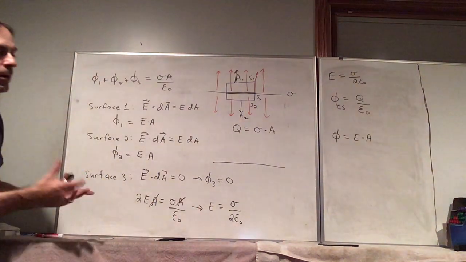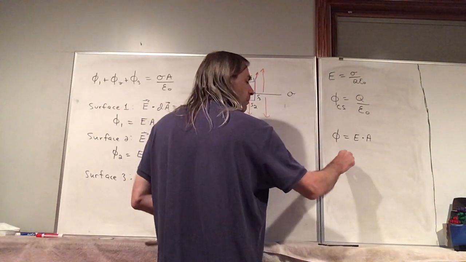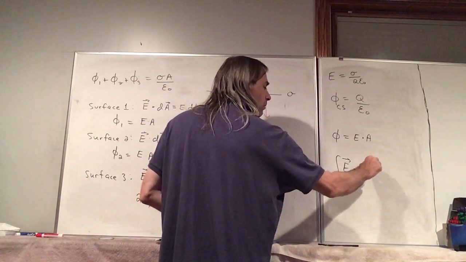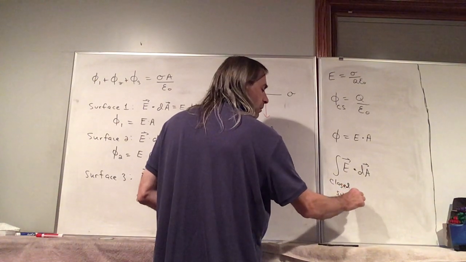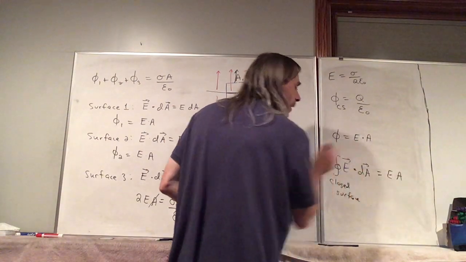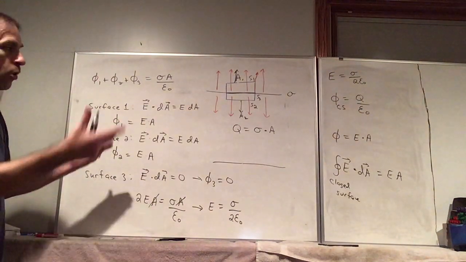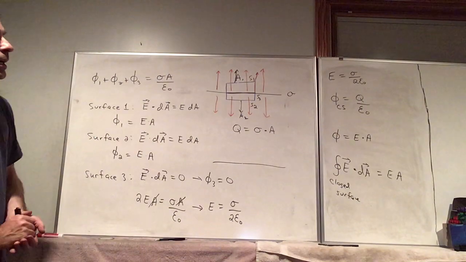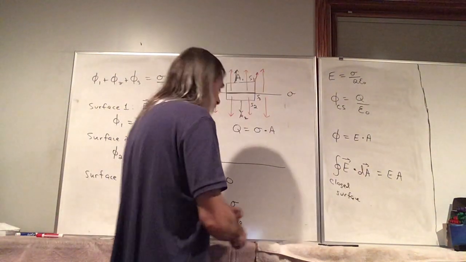And it has to be a very special case where this equals this. That is certainly not true in general. And you can draw an infinite number of surfaces. This applies to any surface. And for the overwhelming majority of cases, this is not going to be true.